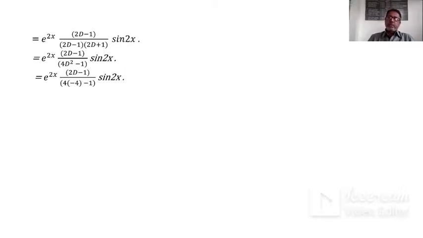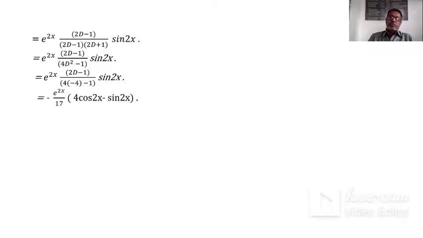We get this is equal to e to the power 2x, 2D minus 1 upon 4 into minus 4 minus 1, sine 2x. This becomes minus 16 minus 1 is minus 17 in the denominator. Then we get this is equal to minus e to the power 2x upon 17. And then we operate this 2D minus 1 on sine 2x.